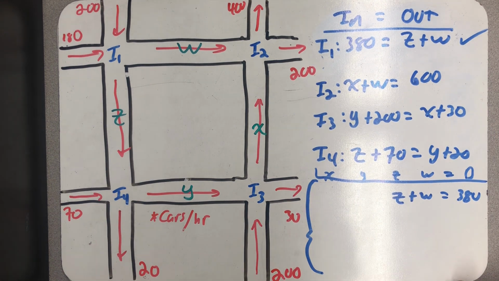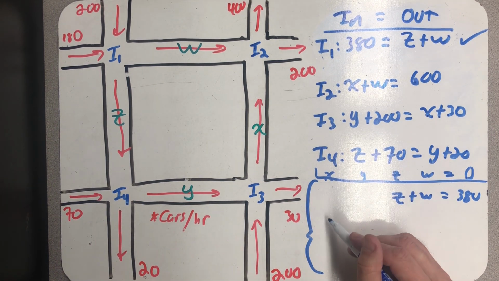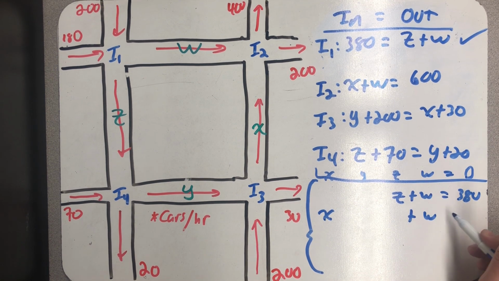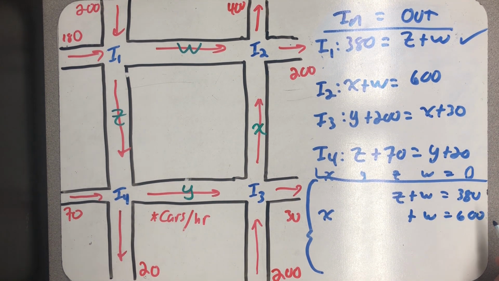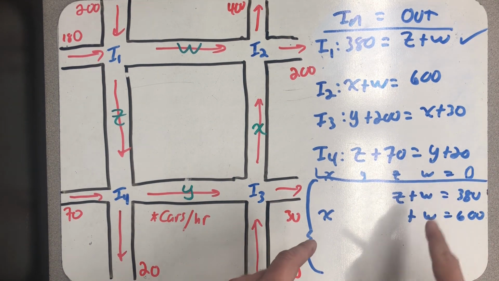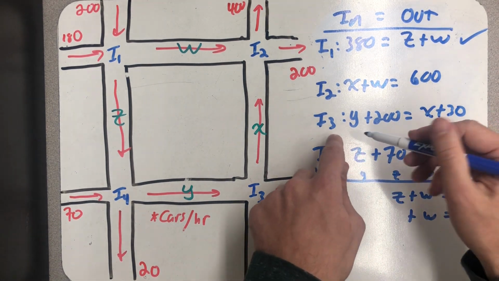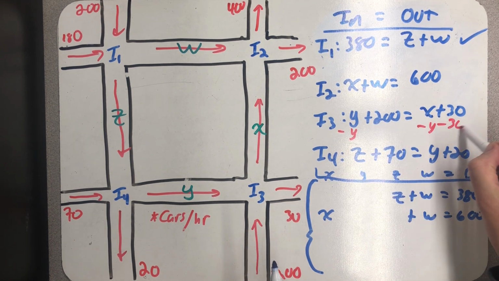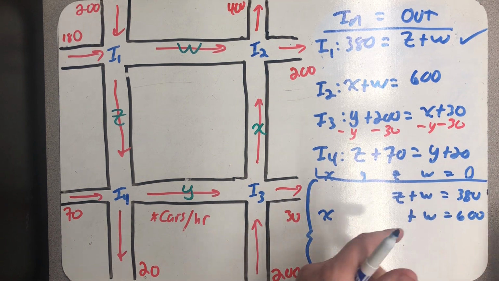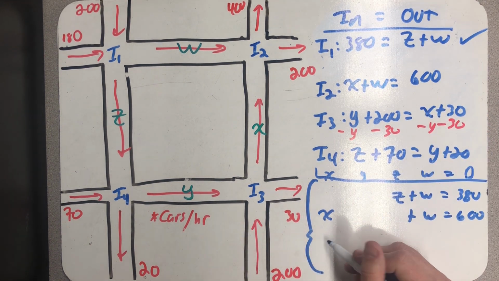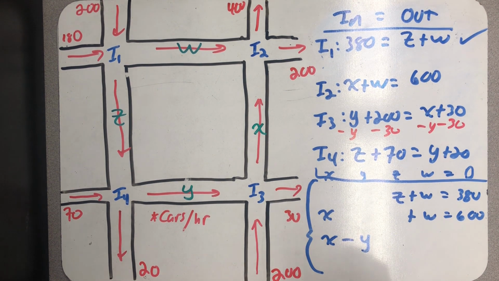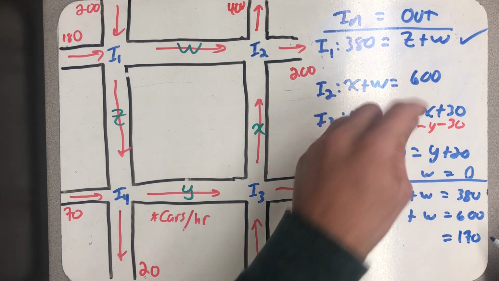All right, in intersection 2, I have x plus w equals 600. In intersection 3, I need to rearrange things. I want to keep x positive, so I'm going to imagine taking y away from both sides and taking 30 away from both sides. So in that way, I'd have x minus y is equal to 170, 200 minus 30.